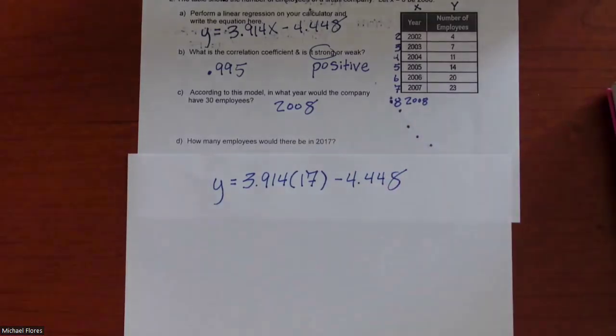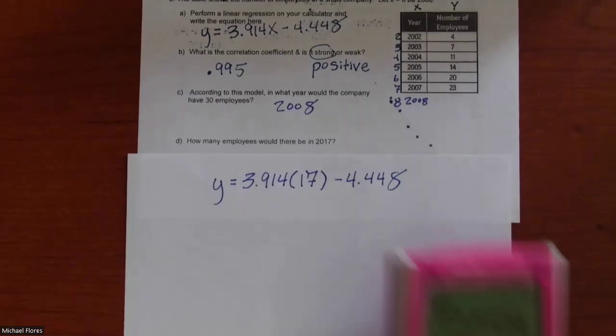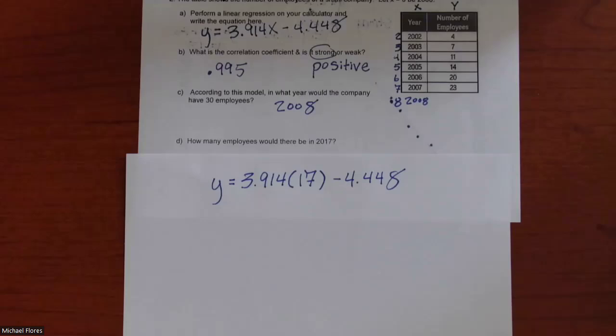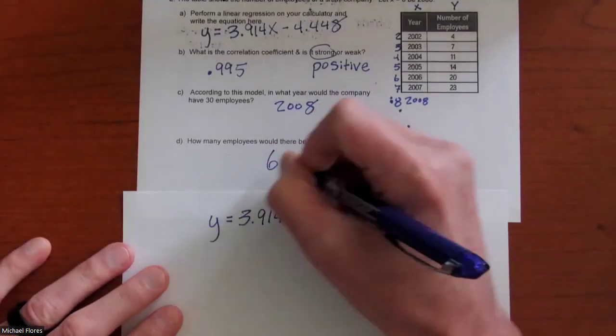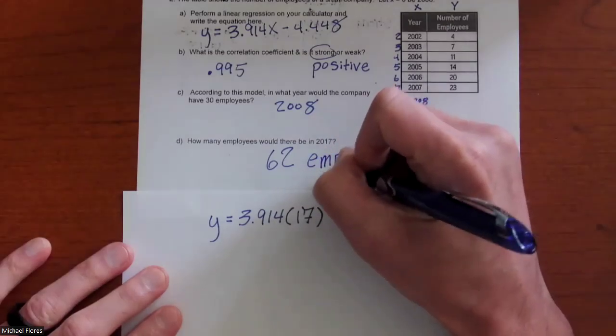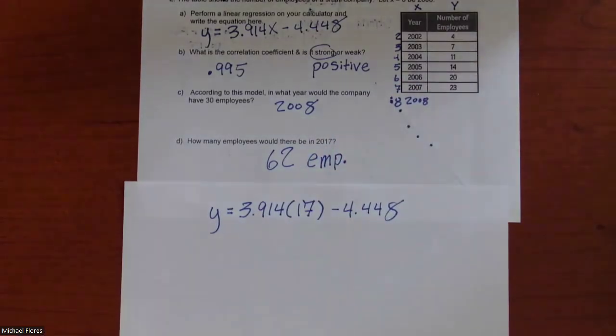All right, plug that into your calculators. Did you do it? Did you plug it in? Is that what you got? You should. We expect to have 62 employees. Well done, Algebra 2.